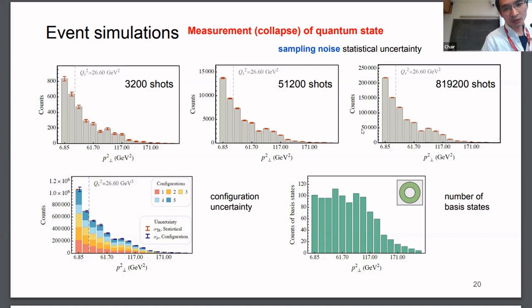The first row shows us the sampling noise, which is reducing as the number of shots increases. That's basically the statistical uncertainty you see here. And this particular plot shows you the configuration uncertainty. It's important to see that our configuration uncertainty is much larger than the statistical uncertainty. So that's a good thing.